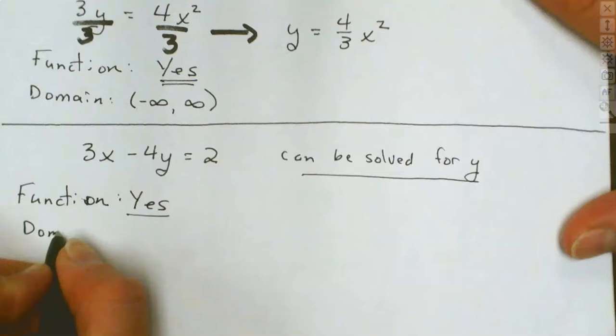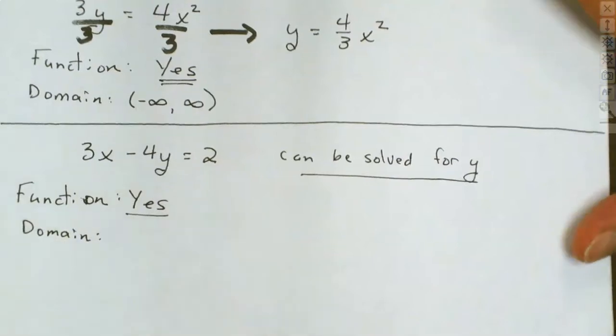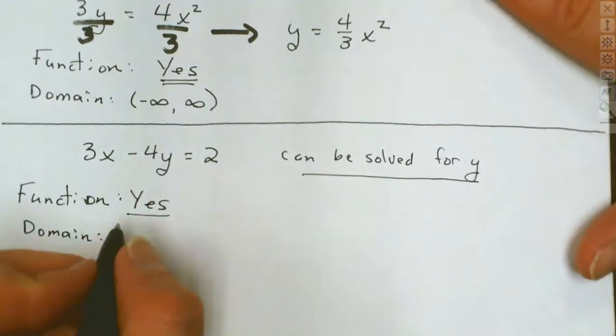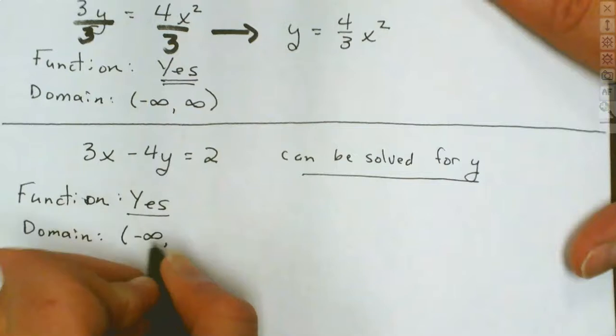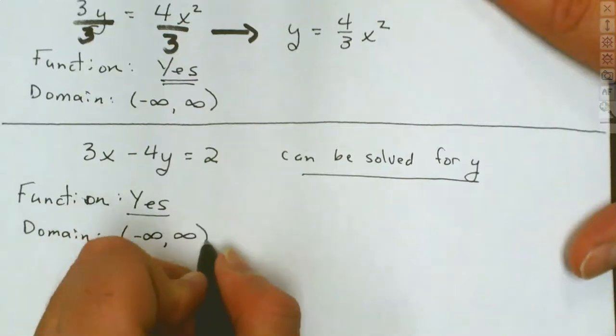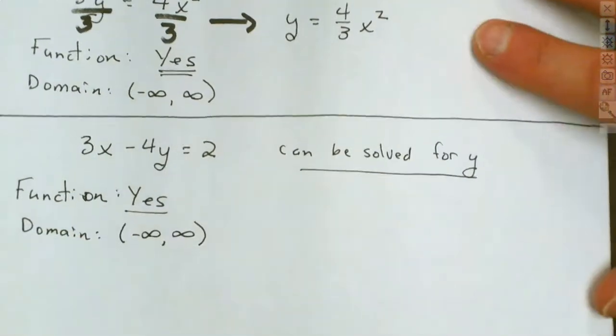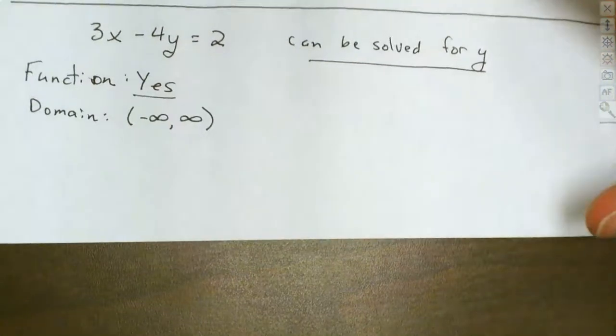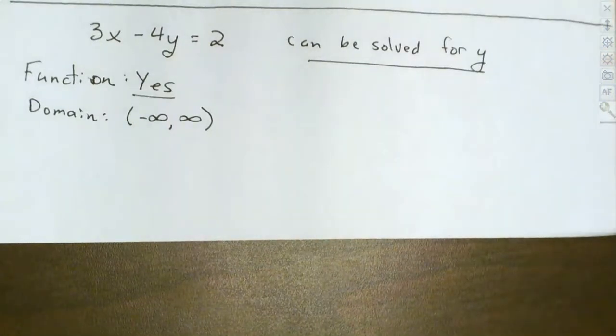What about the domain? Well, do we have any fractions? Is x going to be in the denominator? Nope. Do we have any square roots? Nope. So my domain would then be negative to positive infinity. And most of the time, that is what your domain will be. There are a few cases where it's not, but most of them are going to be negative to positive infinity.